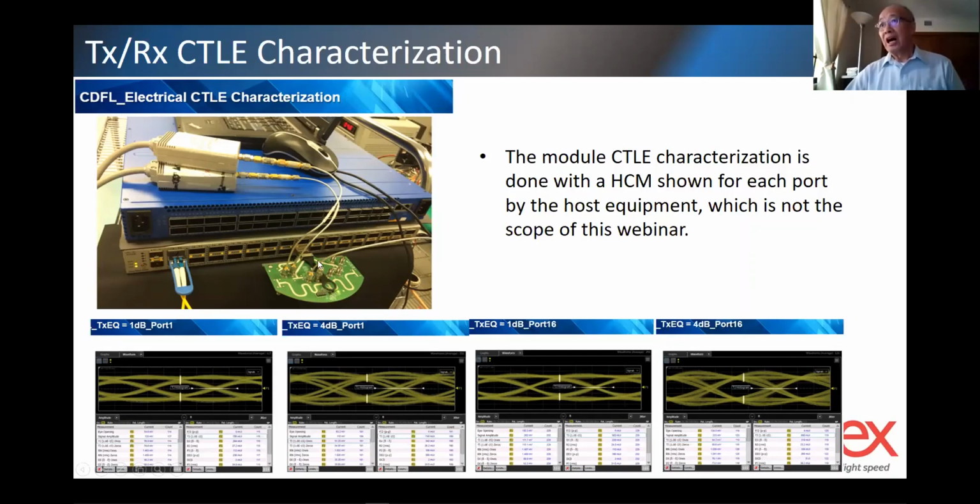So you can see some CTLE function here, and the CTLE is changed on port 1 and port 16. That happens to be the minimum and maximum channel of this picture.